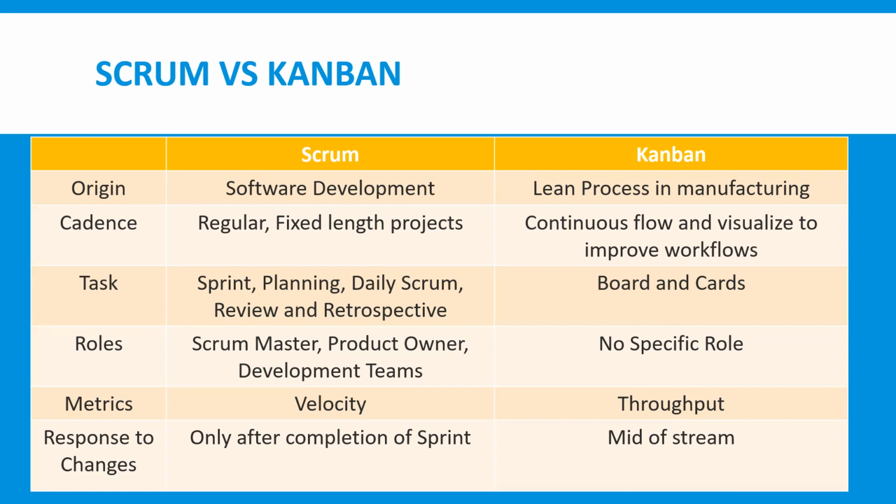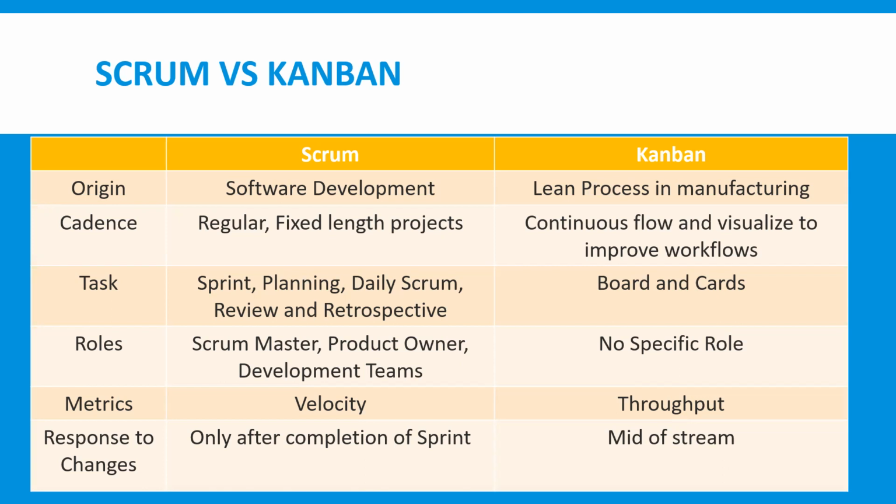Then the roles. What kind of roles does the Scrum team follow? There are of course 3 different roles: Scrum Master, Product Owner, and the development team. It's hardly a 6 to 9 people team. At the opposite end of the spectrum, we see Kanban.